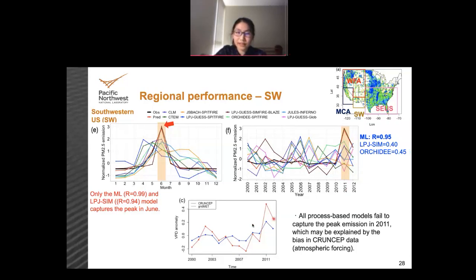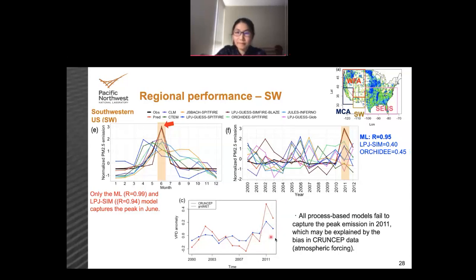So we check the VPD anomaly for CRUNCEP, which is the atmospheric forcing for these FireMIP models, and GridMET, which is the VPD source for our machine learning model. We see that GridMET shows the VPD anomaly well in 2011, while CRUNCEP does not show this peak in 2011.